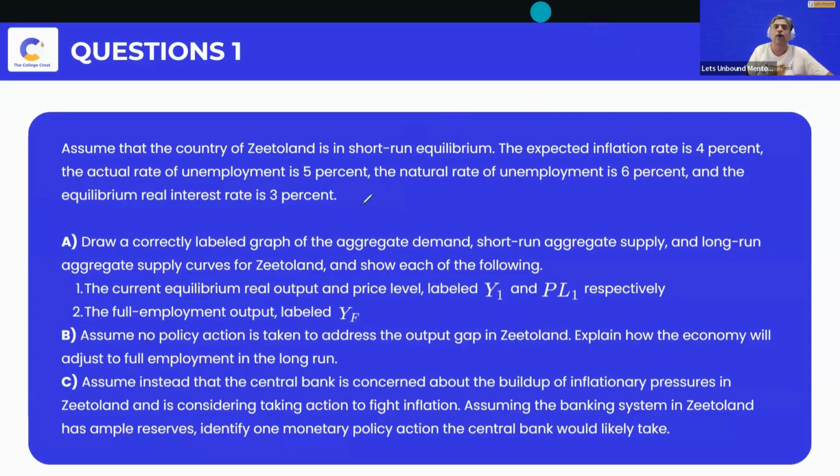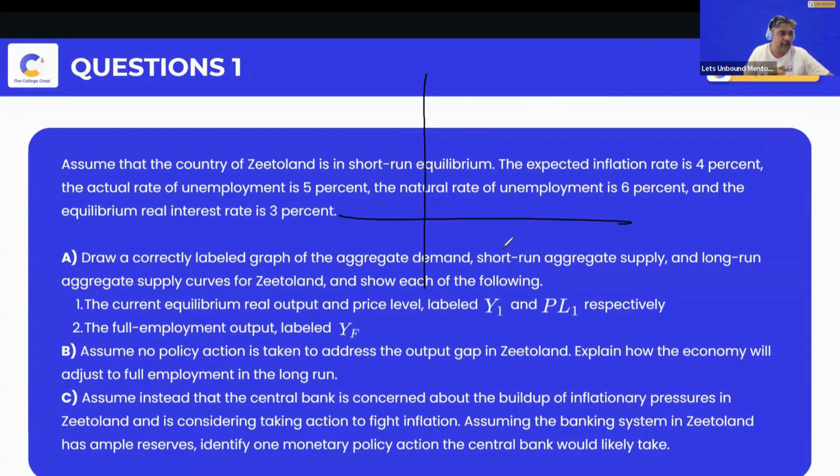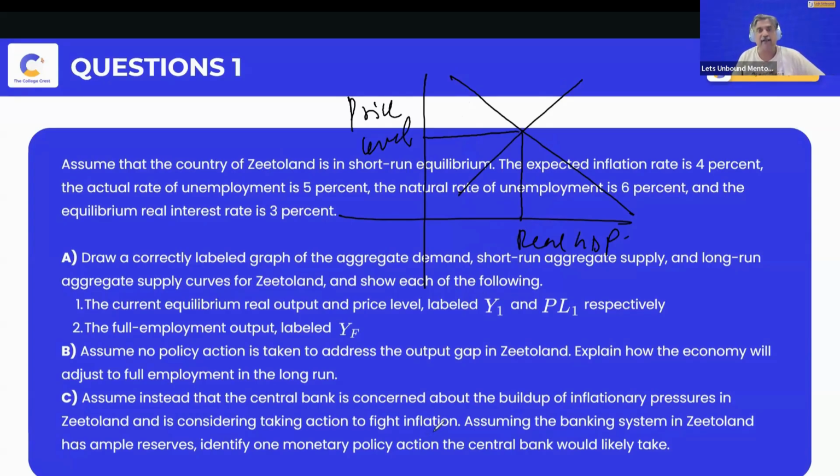If you draw a graph which asks you about the aggregate demand and the aggregate supply, the aggregate demand would be a downward sloping curve, the SRAS would be an upward sloping curve, and this would be the point of equilibrium that you would be drawing. Corresponding to that, on the y-axis you have the price level, and on the x-axis you have the real GDP. So you can directly read the price level and the real GDP corresponding to that point of equilibrium. So that was part A of your question.